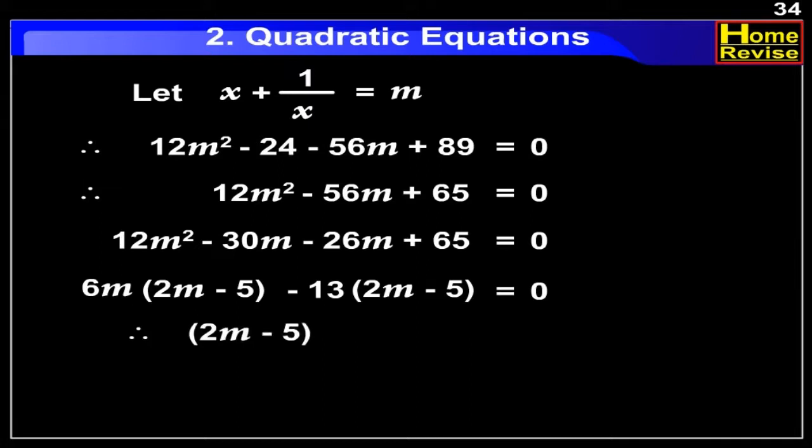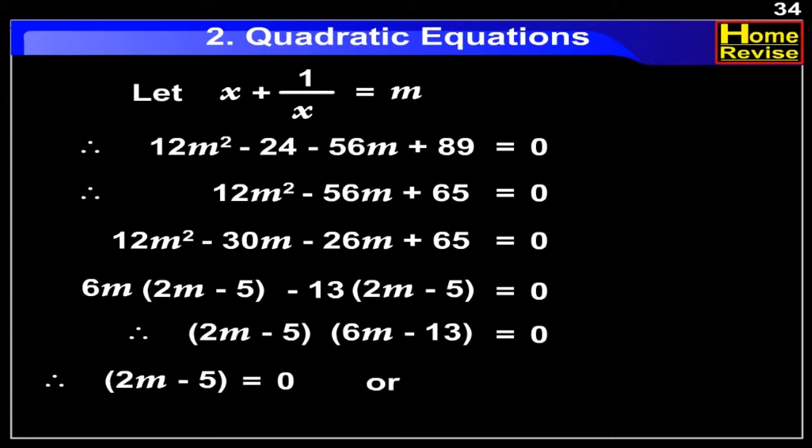Therefore, (2m minus 5) into (6m minus 13) is equal to 0. Therefore, 2m minus 5 is equal to 0, or 6m minus 13 is equal to 0.